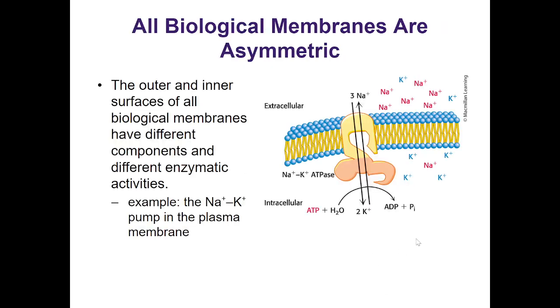Okay, so all biological membranes are going to be asymmetric. The outer and inner surfaces for all biological membranes have different components, different enzymatic activities. Probably the best example of this, and the most monitored one, would be the sodium-potassium pump in the plasma membrane, which has a directionality to it. Everybody see that?